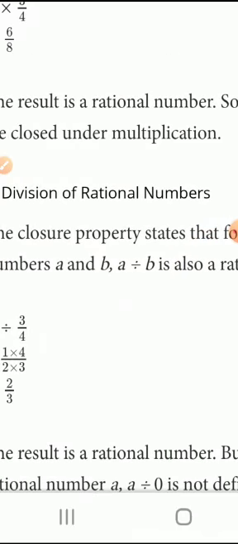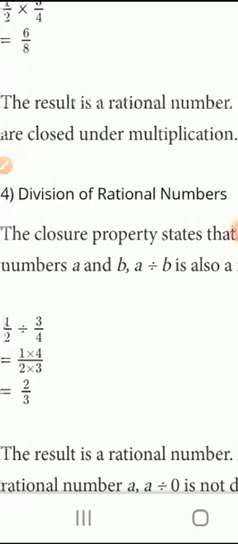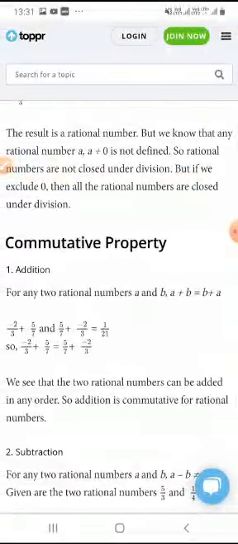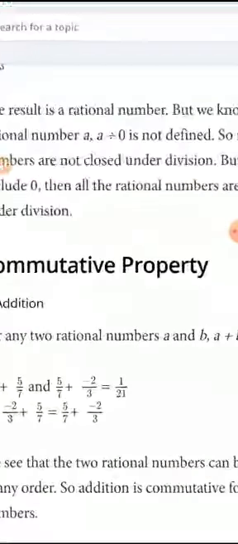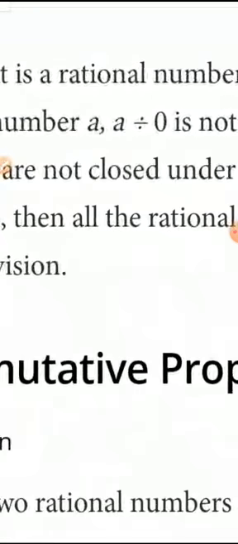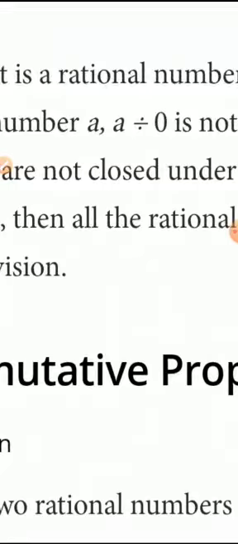But what happens if the second rational number is 0? Suppose a is a rational number, and we divide it by 0, then the answer is not defined. We can't divide any number by 0. Again I am recalling the definition of a rational number: it is in the format p upon q, and q can't be 0.